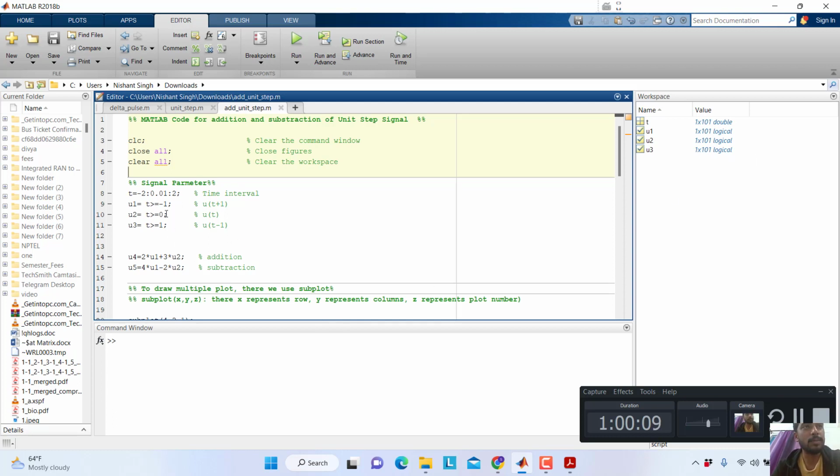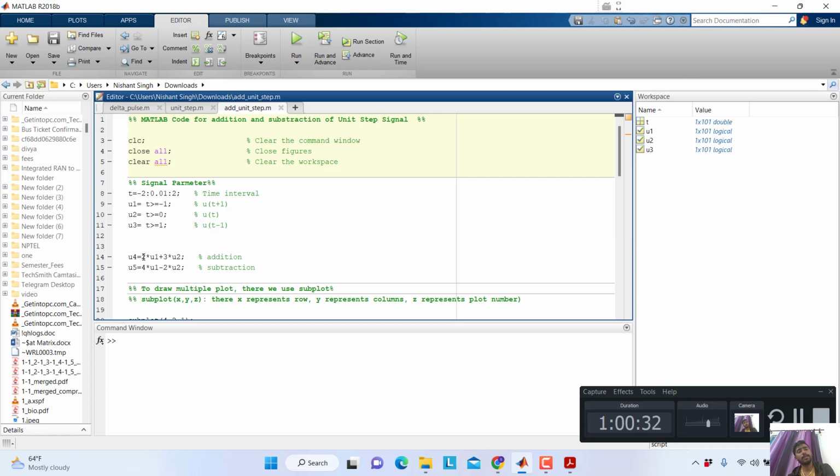Those are the signal parameters. Again we consider the interval from -2 to +2 with a gap of 0.01. First we generate u(t+1), u(t) and u(t-1), and then perform the addition and subtraction operations.